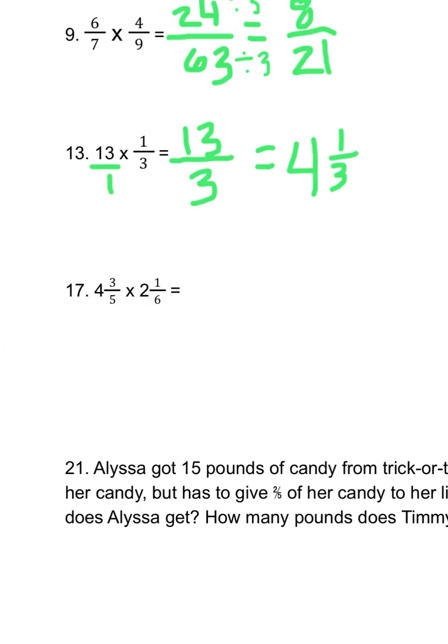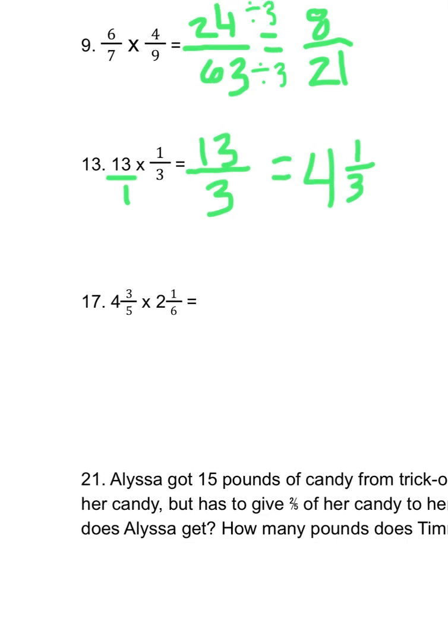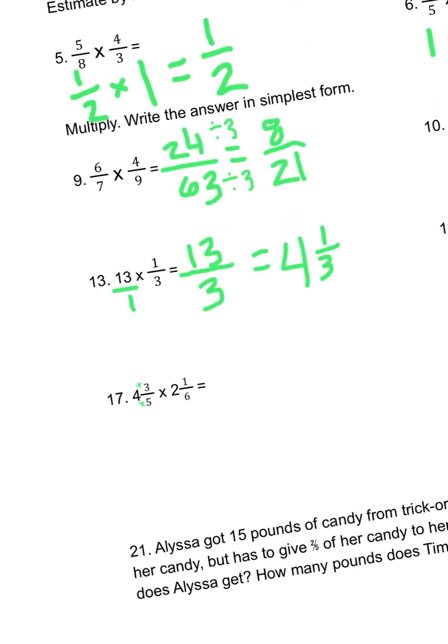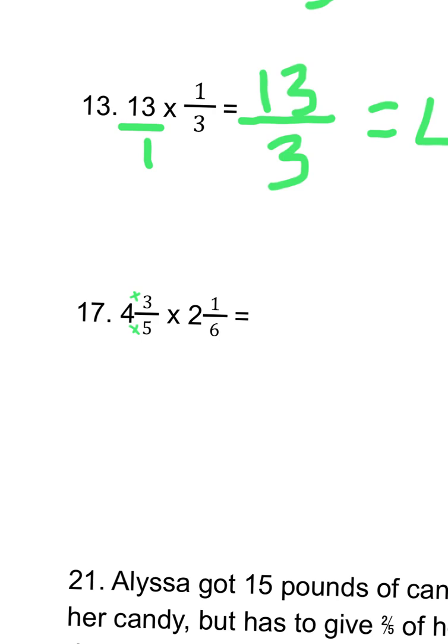Now we are getting into mixed numbers. So remember, when we multiply fractions, if we have a mixed number, we have to turn that into an improper fraction. So we do that by multiplying the 4 times the 5 and adding the 3. So we will end up getting, give me a second, 5 times 4 is 20, plus 3 is 23, over 5.